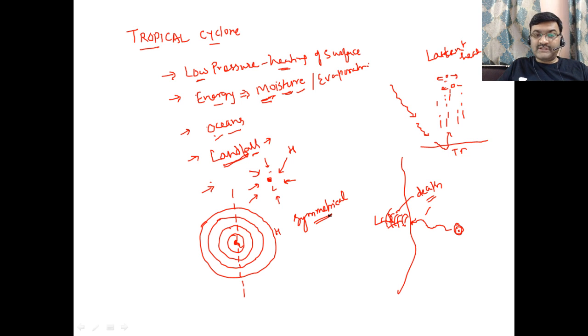Now isobars means the line joining equal pressure is known as isobar. Just like isotherm, the line joining points of equal temperature. Okay, equal temperature is known as isotherm.